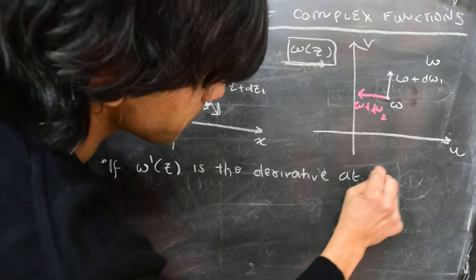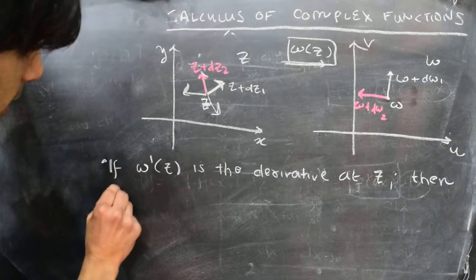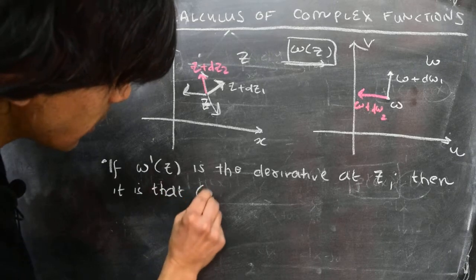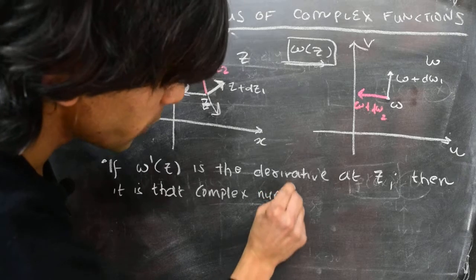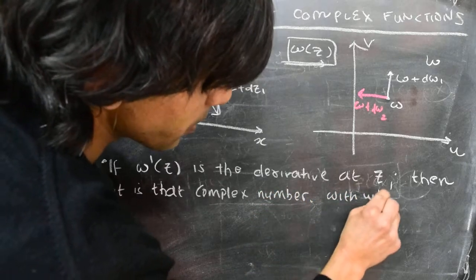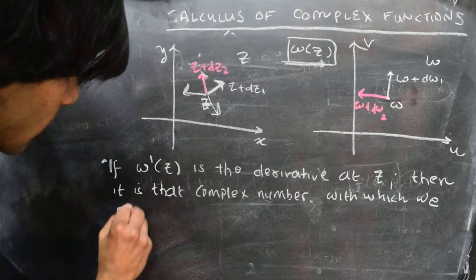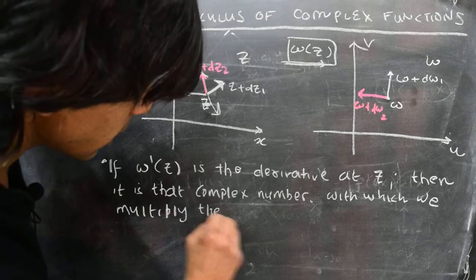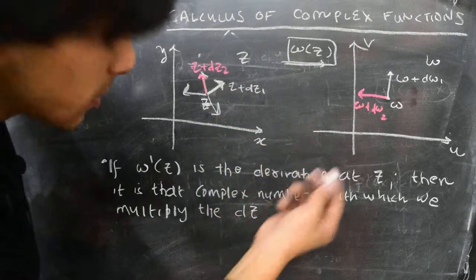So if w'(z) is the derivative at z, then it is that complex number with which we multiply the arrow dz. That arrow could be dz1, for instance.